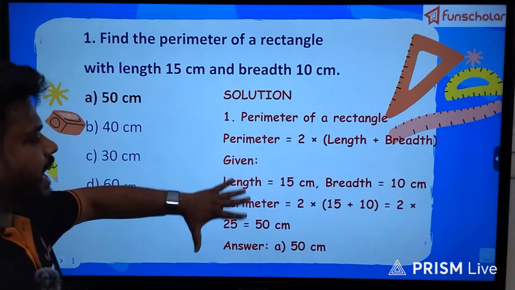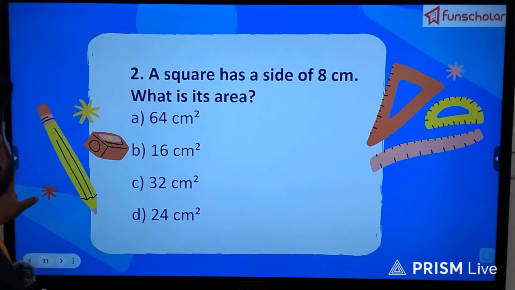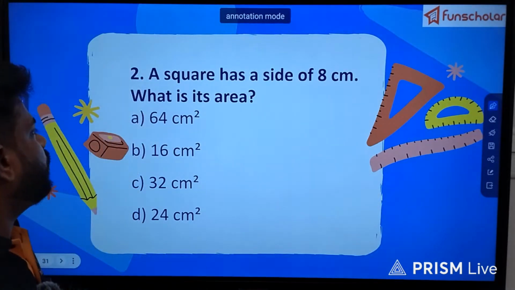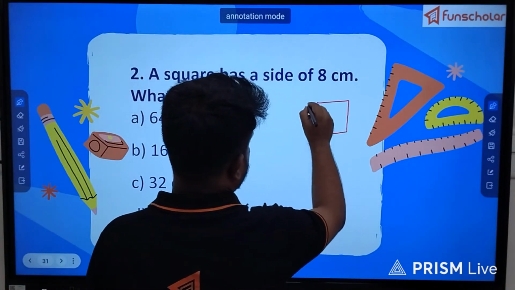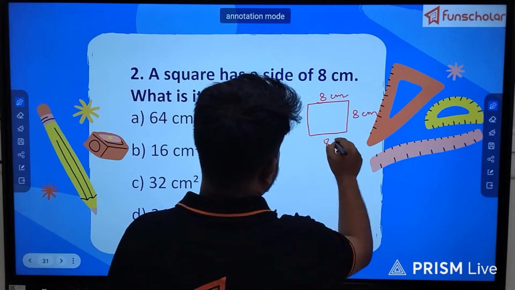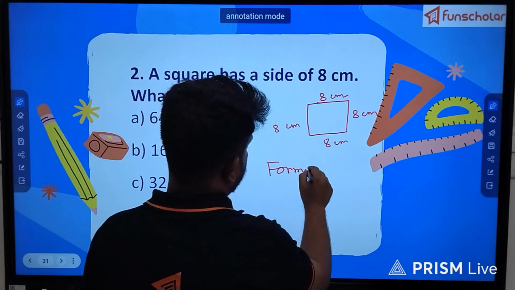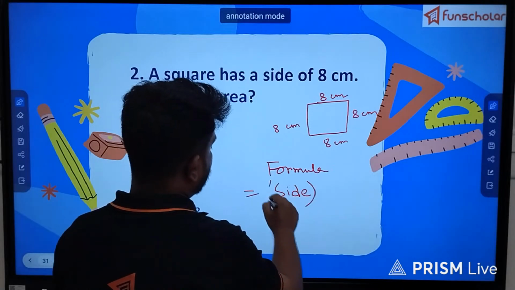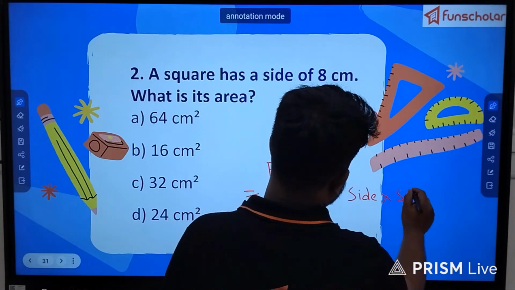Next, yes, they have done it just like this. Okay. The next one, a square has a side of 8 centimeter. What is its area? So for us, if this one is a square having sides of 8 centimeter, the formula to find the area of a square is side square, or we can write it as side into side.